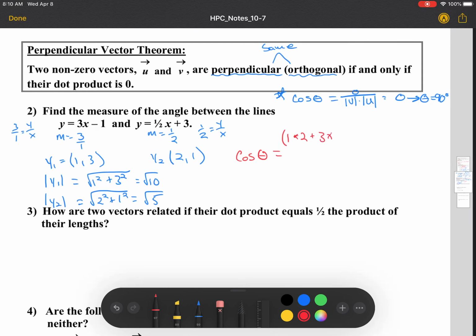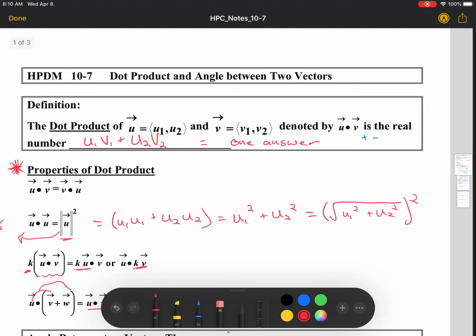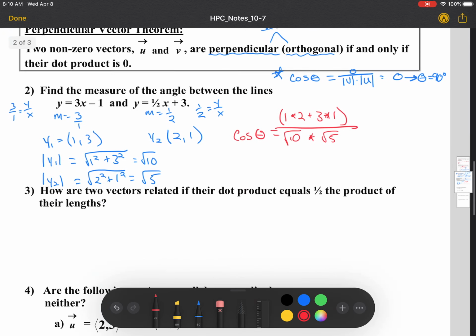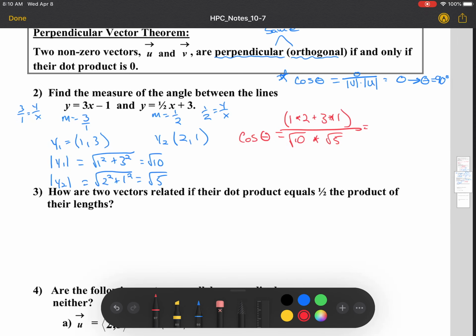That should give us 1 times 2 plus 3 times 1 on top, and the square root of 10 times the square root of 5 on the bottom. And this should give us 5 over 7.07. Take the inverse cosine of that, and you're going to get 45 degrees.